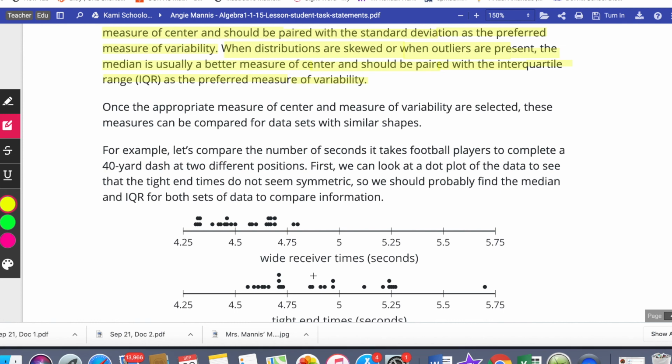Why is median the preferred measure of center for skewed distributions? It's because, remember when we plugged in different numbers to find the statistics, when we added in outliers, a lot of times our median did not even change, or maybe it changed by one position. Median is where the center of the data is, position-wise.